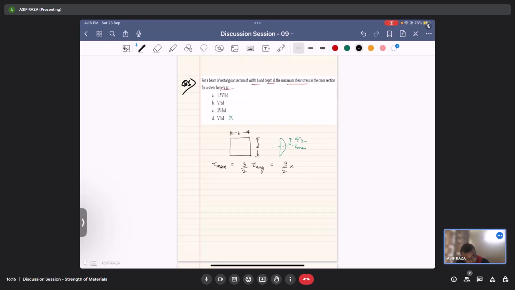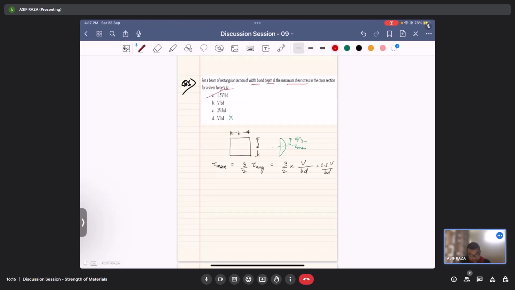Tau average would be force, that is shear force V upon area, and area would be bd, and that would be equal to 1.5 V upon bd, and that would give me option A as the correct answer.